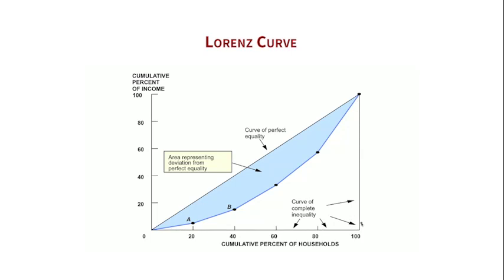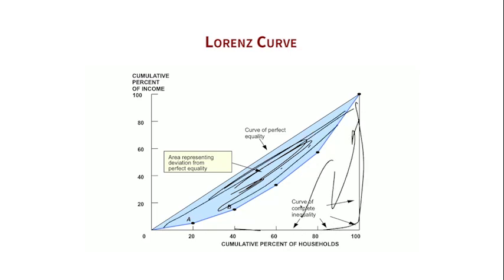So the actual distribution is between those two, and it gives you a way to measure the degree of inequality. In particular, there's something called the Gini coefficient, which is just representing the area in the blue line right there. That area, if you take that and divide it by the area of the total triangle, you get the Gini coefficient.